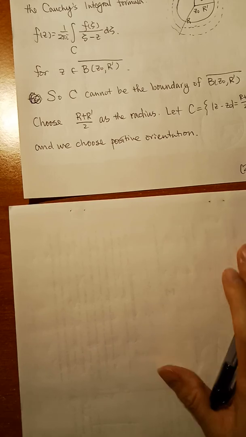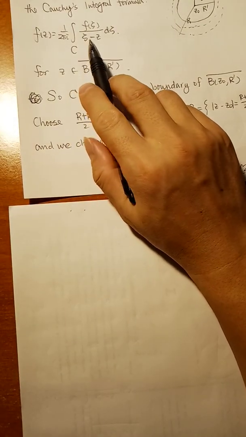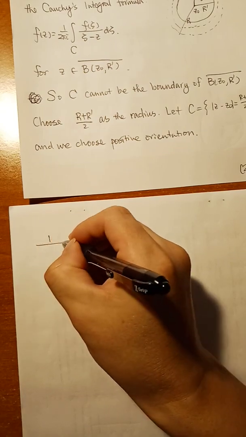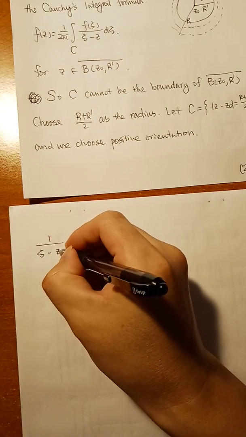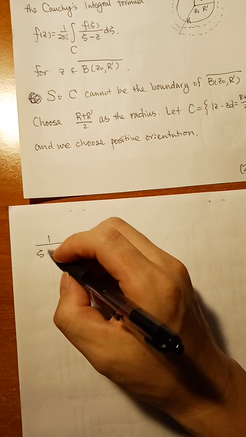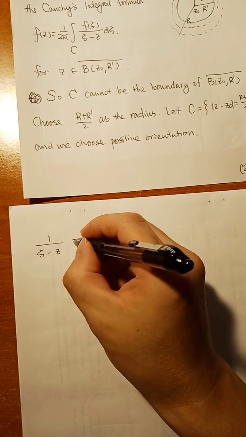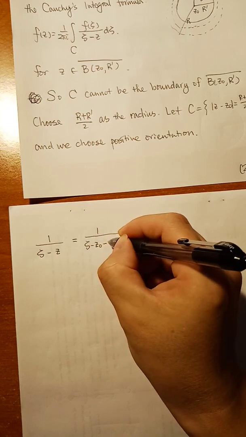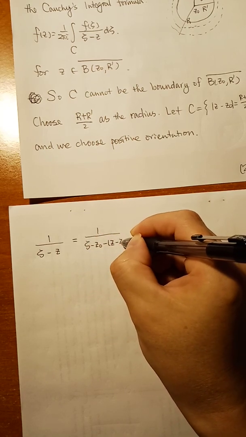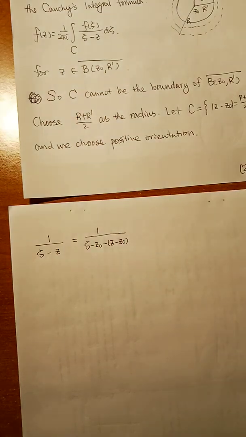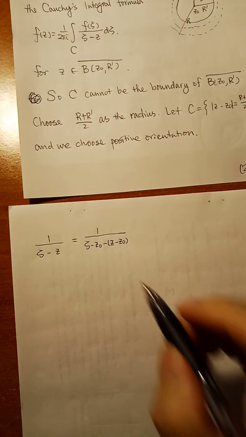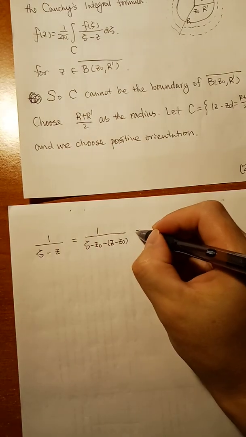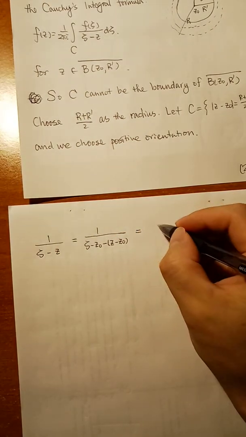Okay, now assume we have the integral formula. Now let's check. In the integral formula, basically we are trying to study this function 1 over theta minus z. Let's see the trick. We subtract z0 from theta and z, and we factor out theta minus z0.